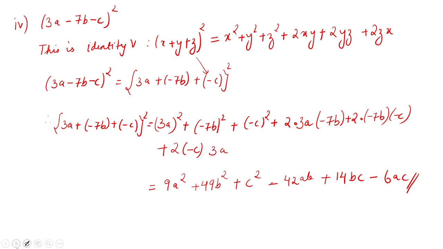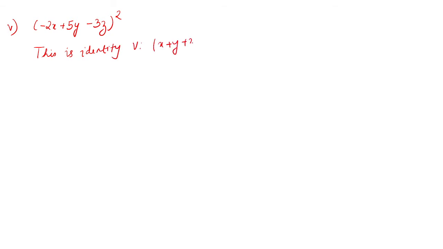Now the next question we shall move towards, that is the fifth question, which is (minus 2x plus 5y minus 3z) the whole thing square. Now again, this is identity 5, which tells us that (x plus y plus z) the whole thing square is equivalent to x square plus y square plus z square plus 2xy plus 2yz plus 2zx.